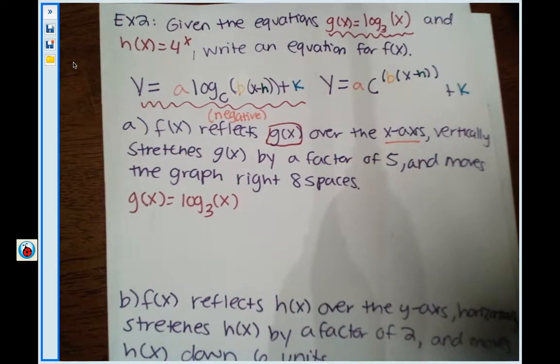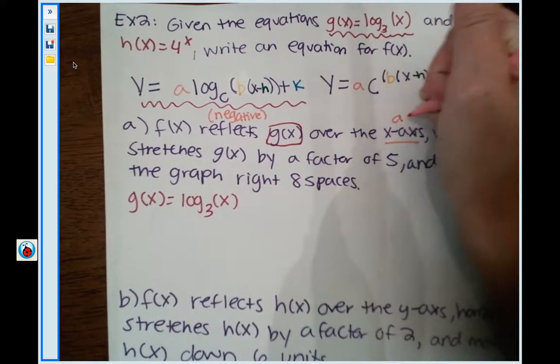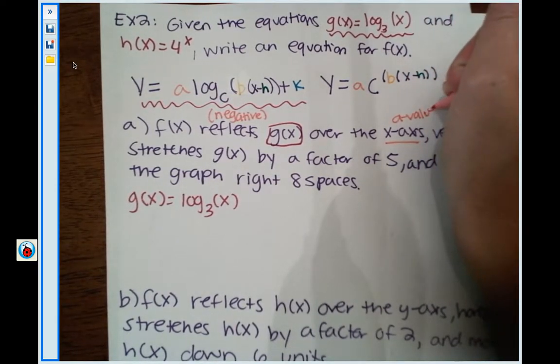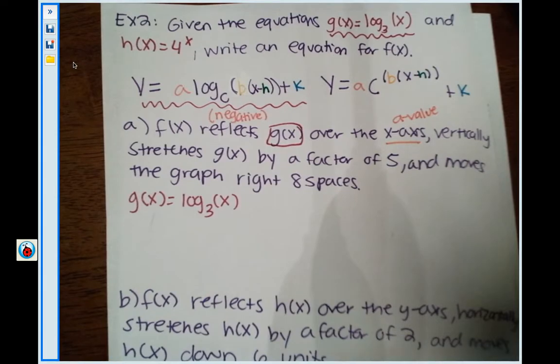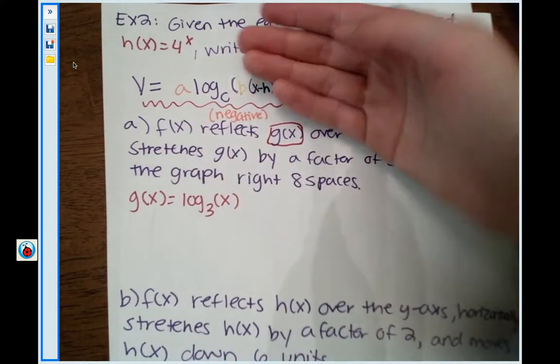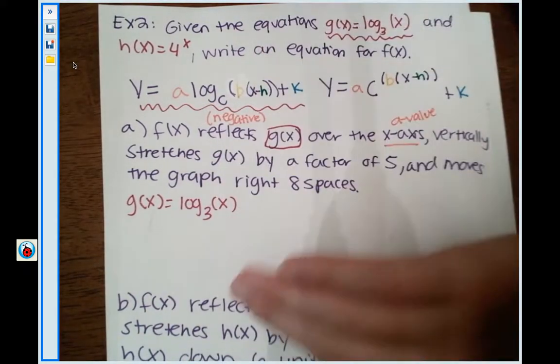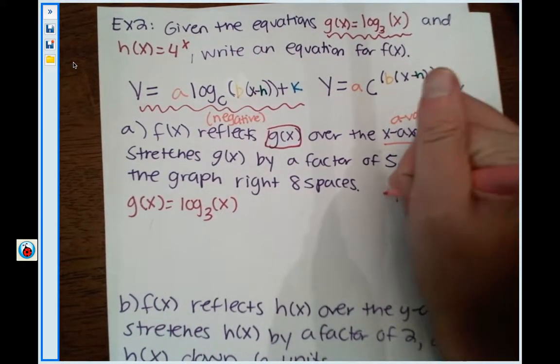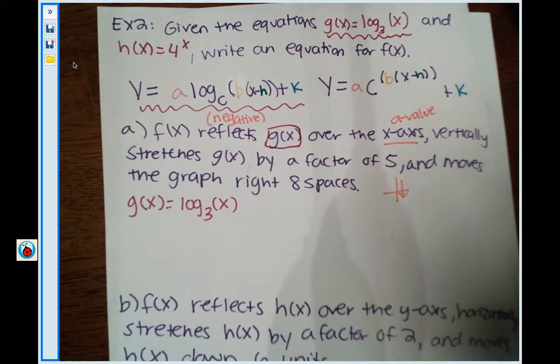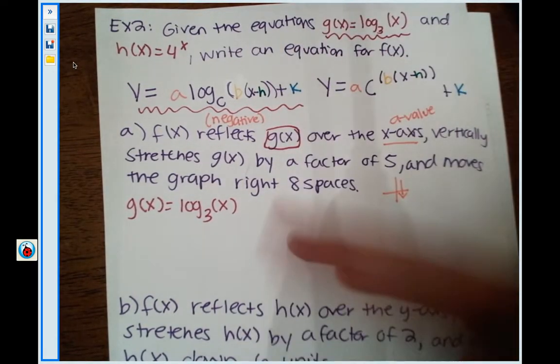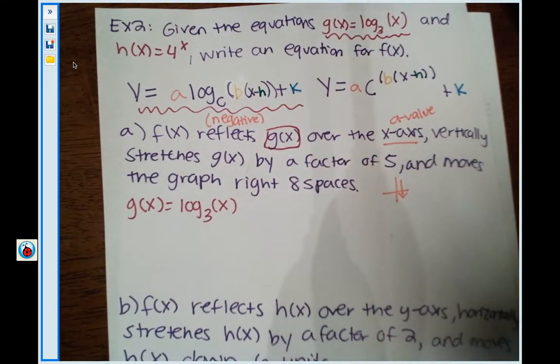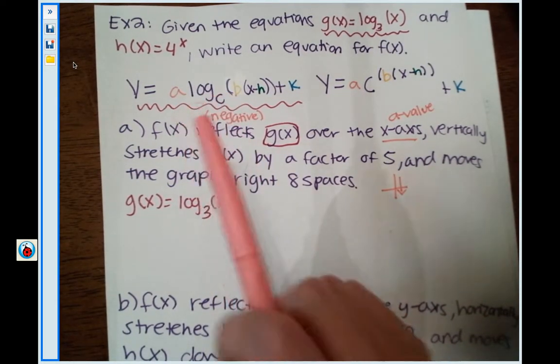So I have to think, is this an a, a b, an h, or a k? Well, this is an a value, because remember, a values pertain to everything that reflects or moves in a vertical motion. If I reflect over the x-axis, that's reflecting in a kind of vertical motion. So that is our a value, and that tells us it's going to be a negative a value because it's reflecting.